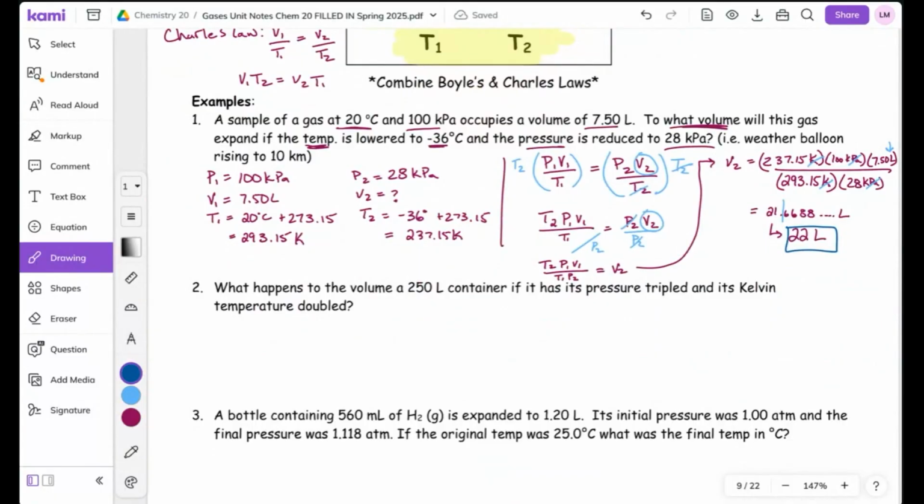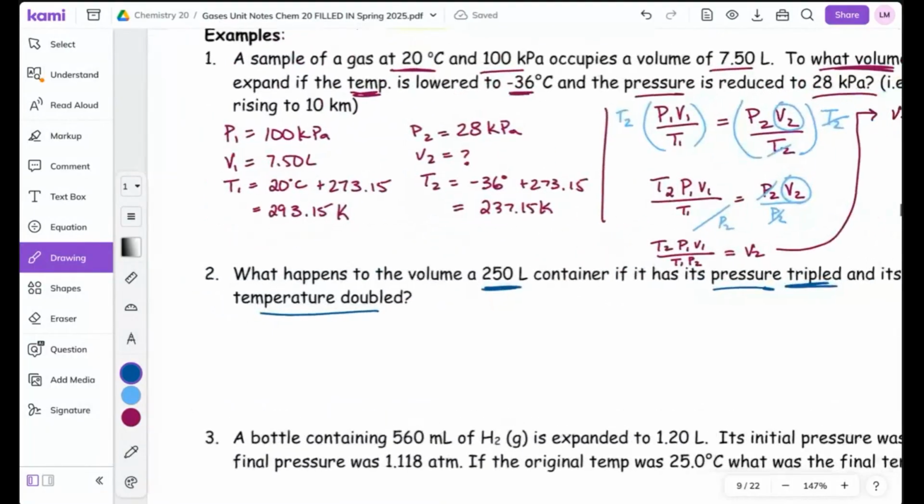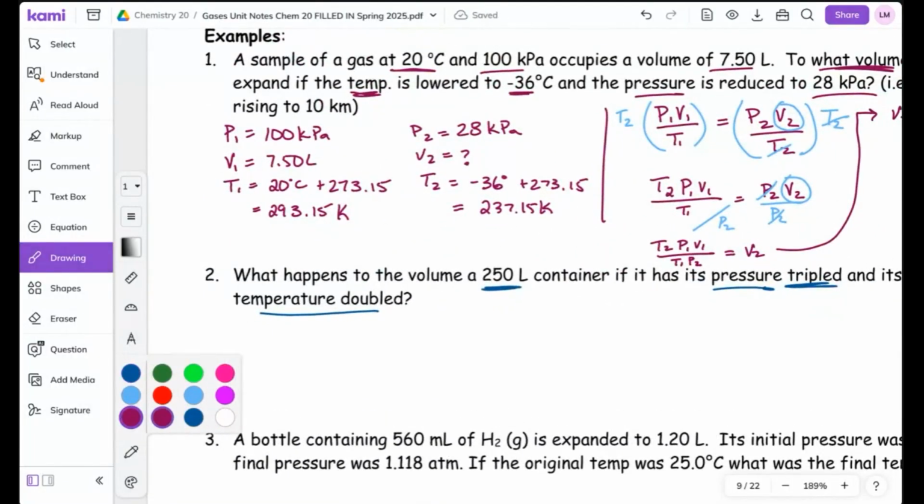Now for the next question, what happens to the volume of a 250 liter container if its pressure tripled and its Kelvin temperature has doubled? Okay, so this one is a bit more theoretical. So I'm going to start out with my list of givens.